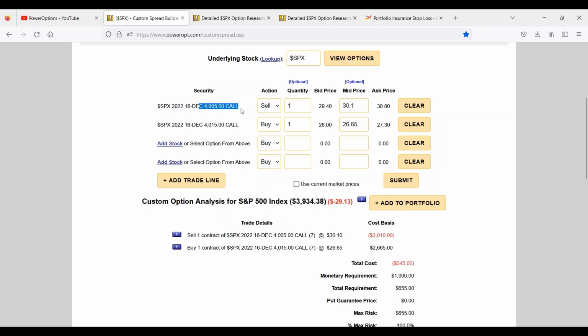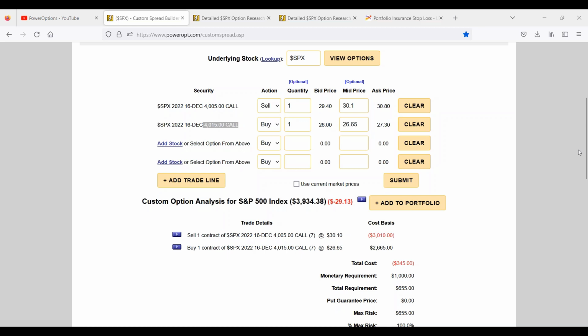Parity trade. Instead of selling the out of the money 4,005 call, buying the 4,015, we're going to sell an in the money 4,005 put and an in the money 4,015 strike call.